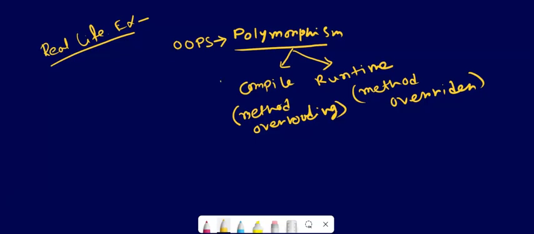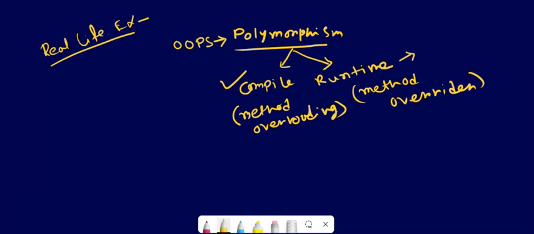Now what about runtime polymorphism? For runtime polymorphism, let's take the example of a chameleon. A chameleon changes its color based on different time intervals, okay. So that's what runtime polymorphism is. Definitely we will try to understand with the help of an example.